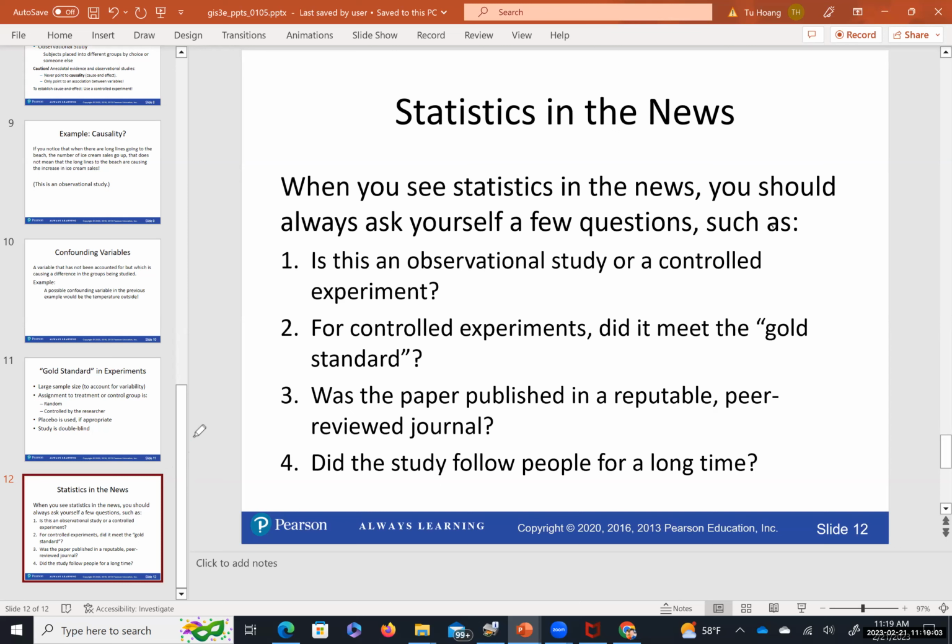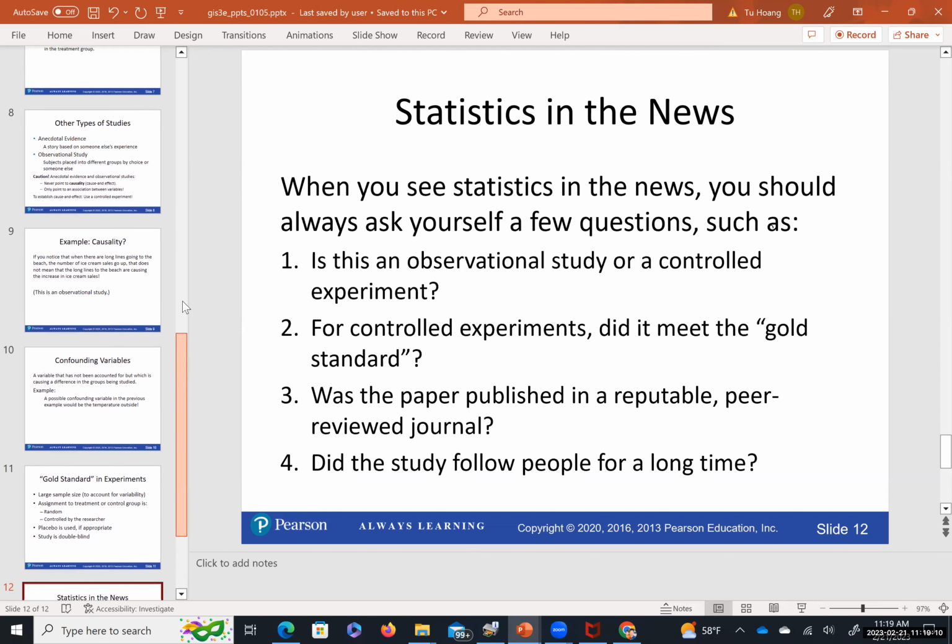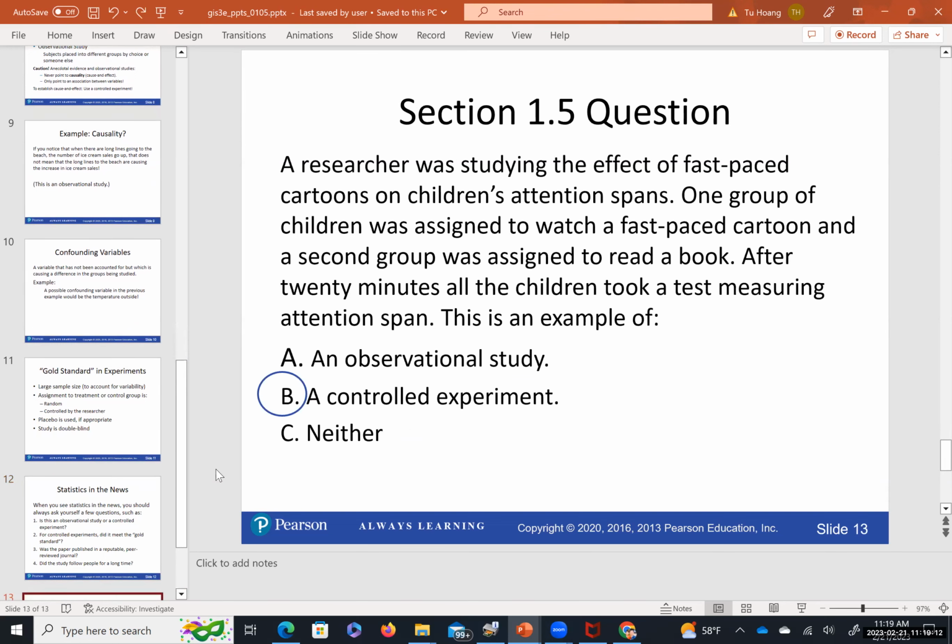Studying the effect of fast-paced cartoon on children's attention span.